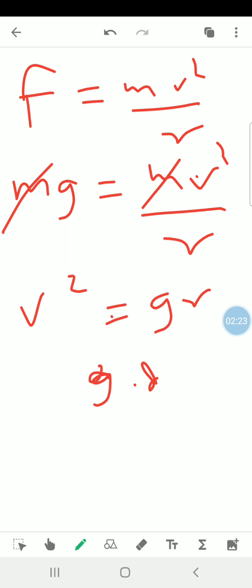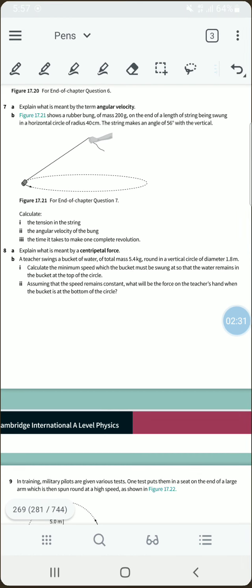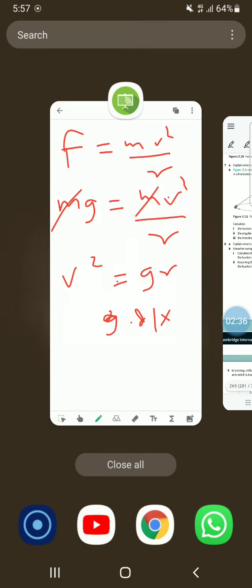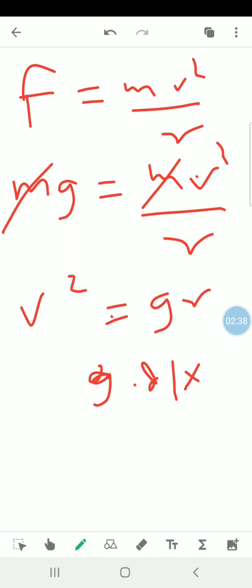So then g is 9.81 multiplied by r. Let's find what r is. Diameter 1.8 meters, so diameter 1.8 means the radius is 0.9.